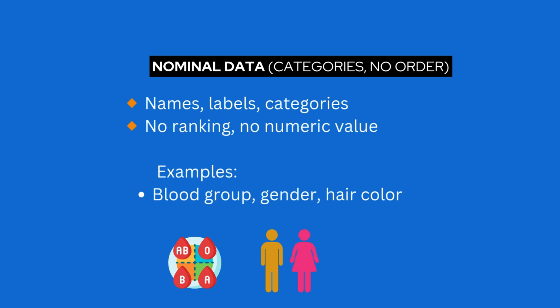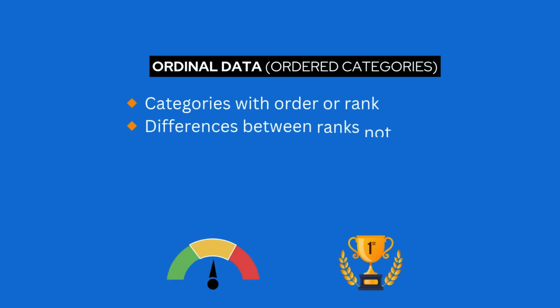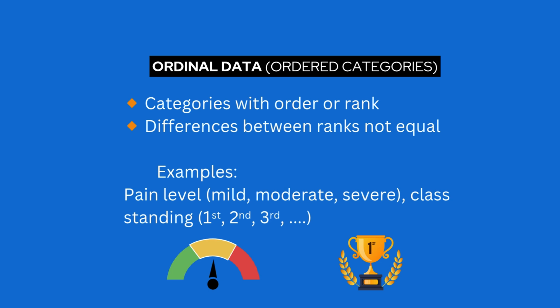Next, we have ordinal data. Ordinal data also involve categories, but with a clear order or ranking. Examples include pain levels, which can be mild, moderate, severe, or grades like A, B, C, or first, second, third, or a satisfaction survey like satisfied, neutral, dissatisfied.